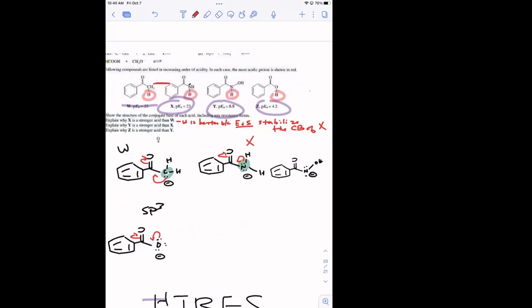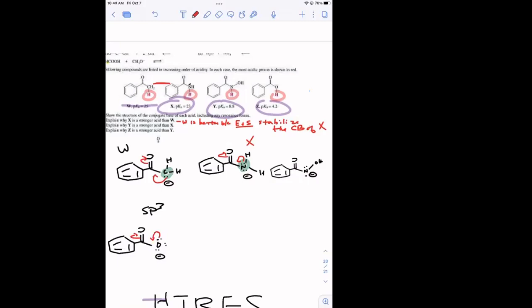When we're doing size, we're looking at atomic radius, which goes left to right and top to bottom. Nitrogen is to the right of carbon, so it's bigger. There are some specialized cases: oxygen is actually smaller than nitrogen, which is weird.